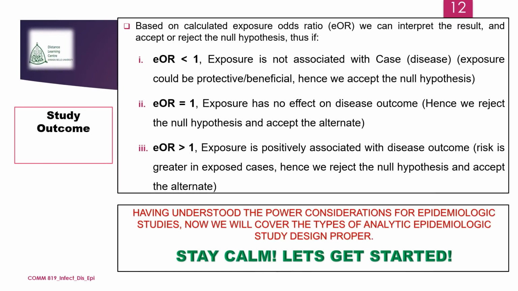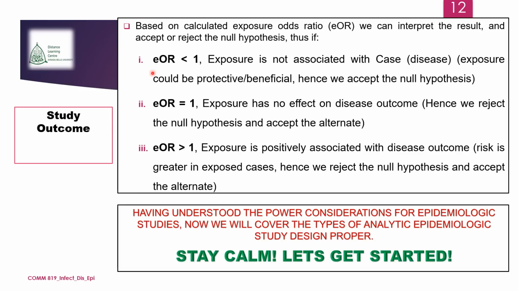Now let's look at the last consideration, which is the study outcome. Based on the calculated exposure odds ratio, we can interpret the results and accept or reject the null hypothesis.